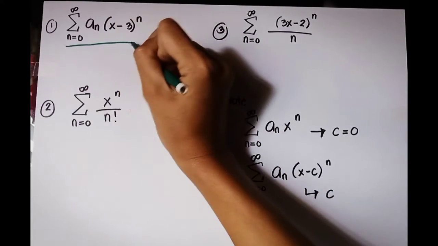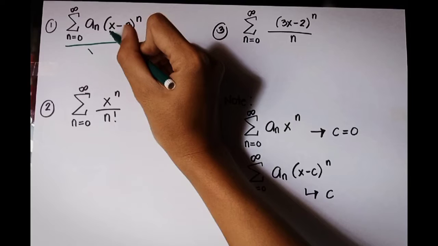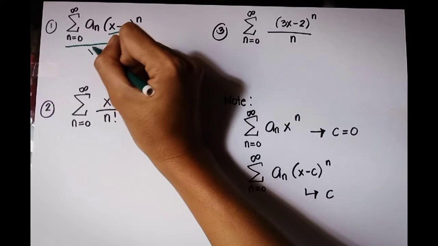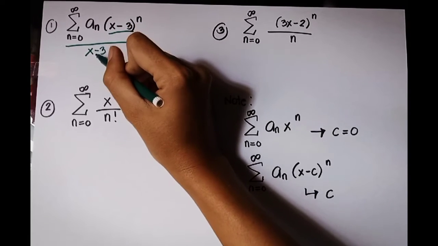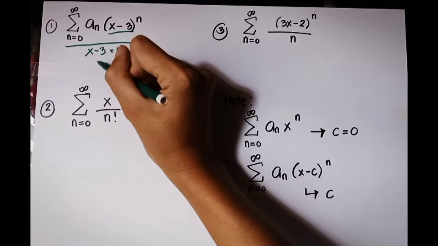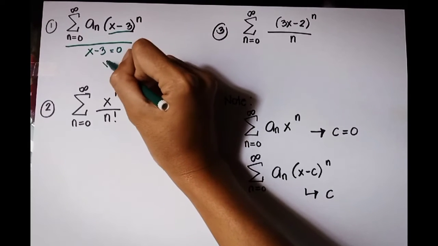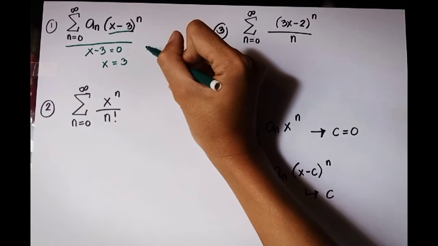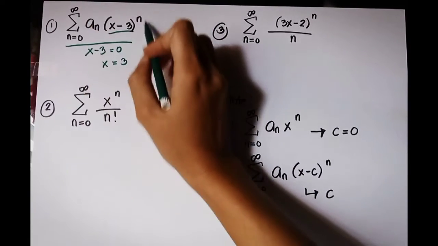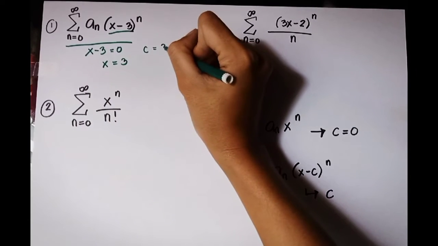From this expression, we set x minus 3 equals 0. If you transpose this negative 3 to the right, it becomes x equals 3. Therefore, the power series of this expression is centered at 3.